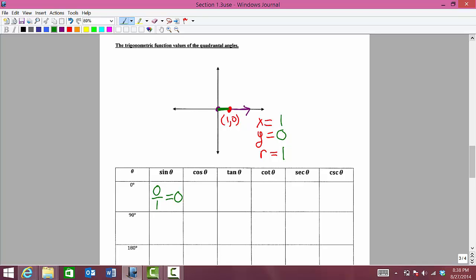So we always want to simplify our fractions. Cosine is x divided by r, so that would be 1 divided by 1, which simplifies to be 1. Tangent is y divided by x, so that would be 0 divided by 1, which also simplifies to be 0.